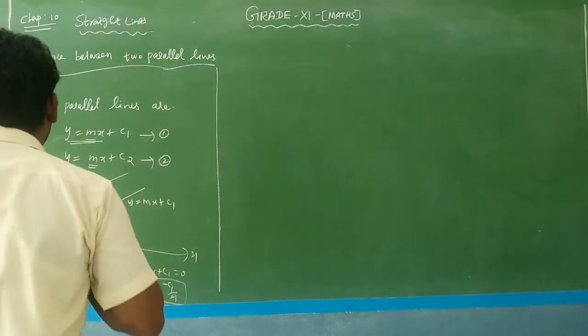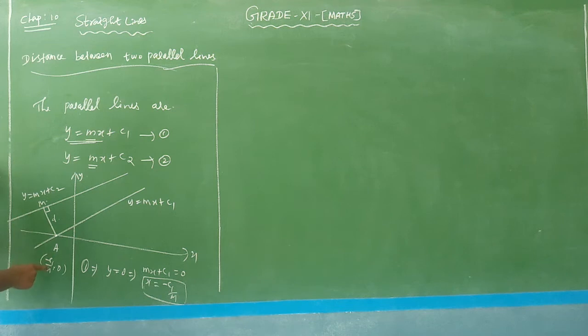Okay, right. So we need the distance between this point A, minus c1 by m comma 0, and the line y equal to mx plus c2. AM is perpendicular to this line.